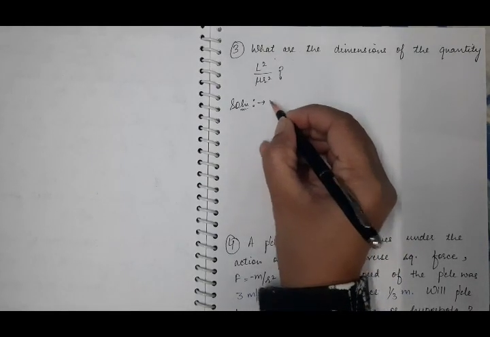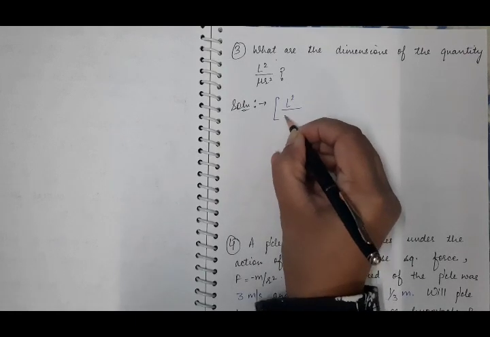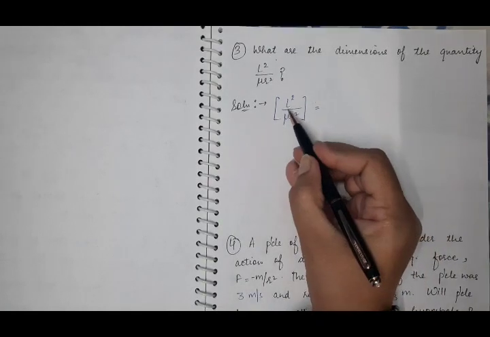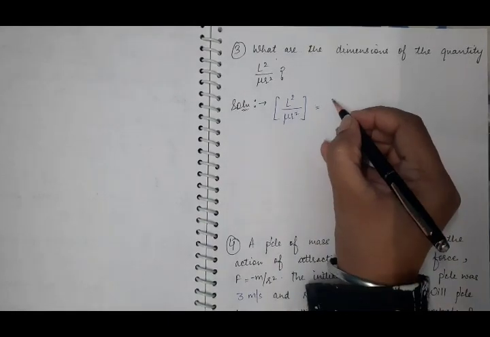Next is, what are the dimensions of this quantity? Dimensions of L square by mu r square. We know that L is angular momentum and angular momentum is mvr.